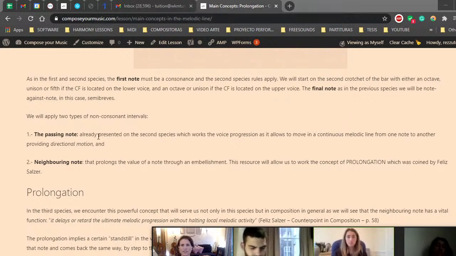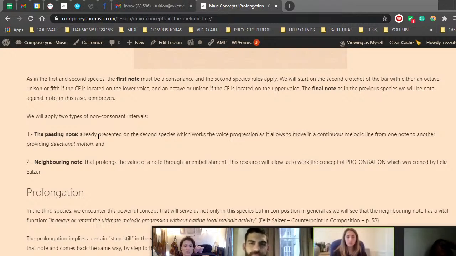As in the first and second species, the first note must be a consonance, and the second species rules apply. We will start on the second crotchet of the bar, with either an octave, a unison, or a fifth if the cantus firmus is located in the lower voice, and an octave or unison if the cantus firmus is located in the upper voice.